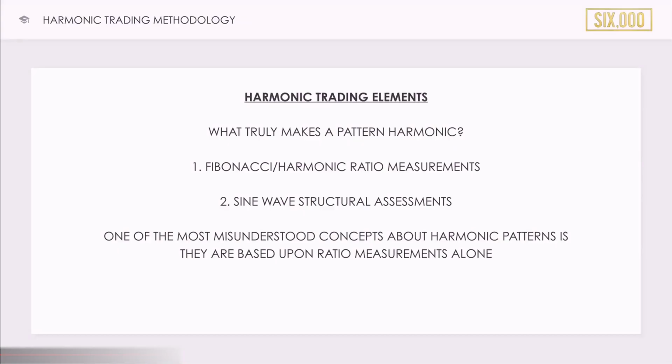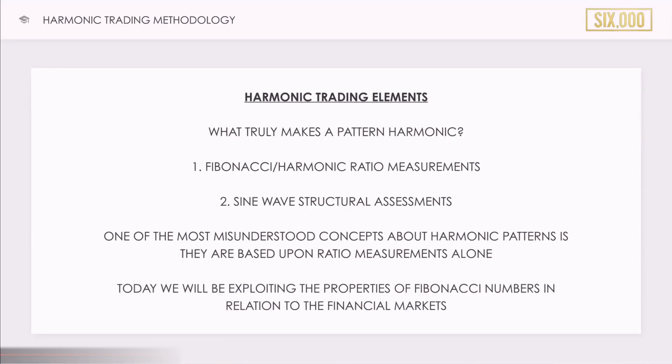So we utilize distinct and consecutive Fibonacci ratio alignments, but we also utilize these sine wave structural assessments, and that's truly what makes a pattern harmonic. Now, today we will be exploiting the properties of Fibonacci numbers in relation to the financial market. So we're only focusing on number 1 today, and in part 2 of the Method and the Madness, this will be focused on the structural essence of harmonic patterns and sine waves in the financial markets.